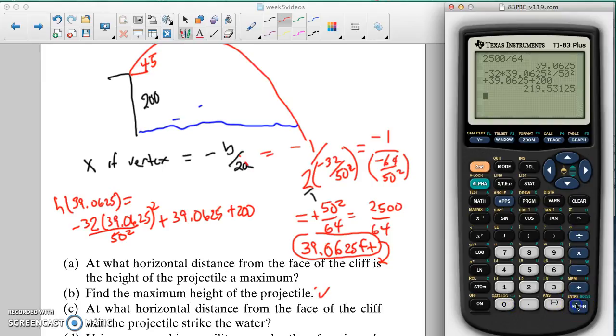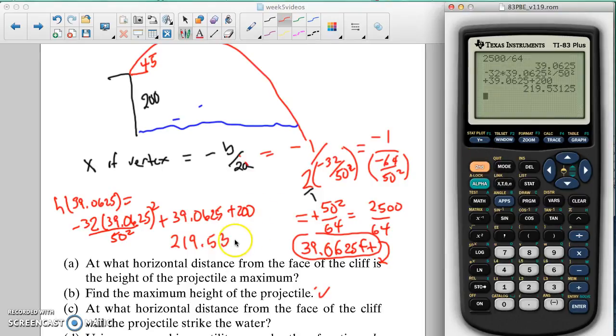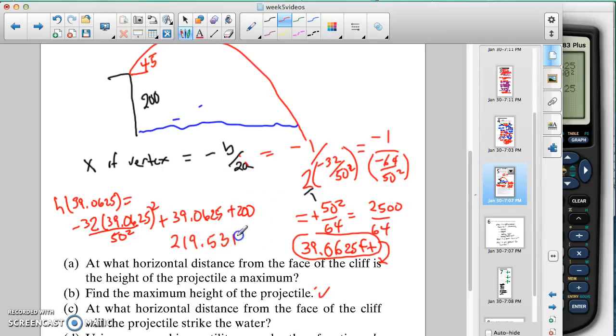So we're just evaluating this, and we get this very similar answer here. We're going to get 219.53125 feet. So approximately 219.5 for this maximum height. 219.5 feet.